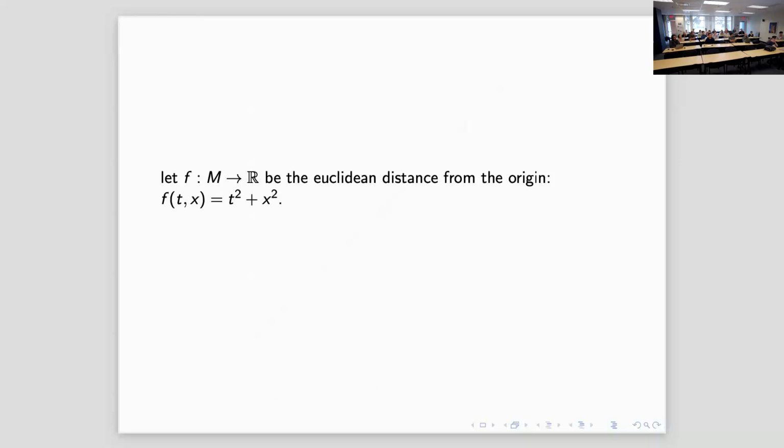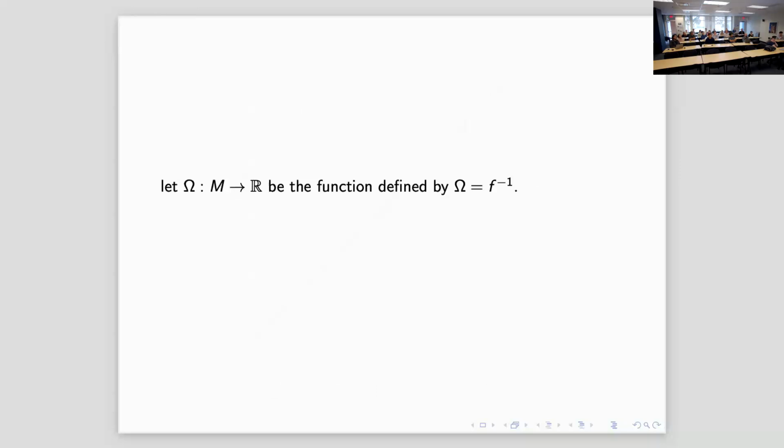But now what we want to do is introduce a scalar field f on M and let this be the Euclidean distance from the origin, so that bottom point. Then I want to define a scalar field omega just as 1 over that Euclidean distance.